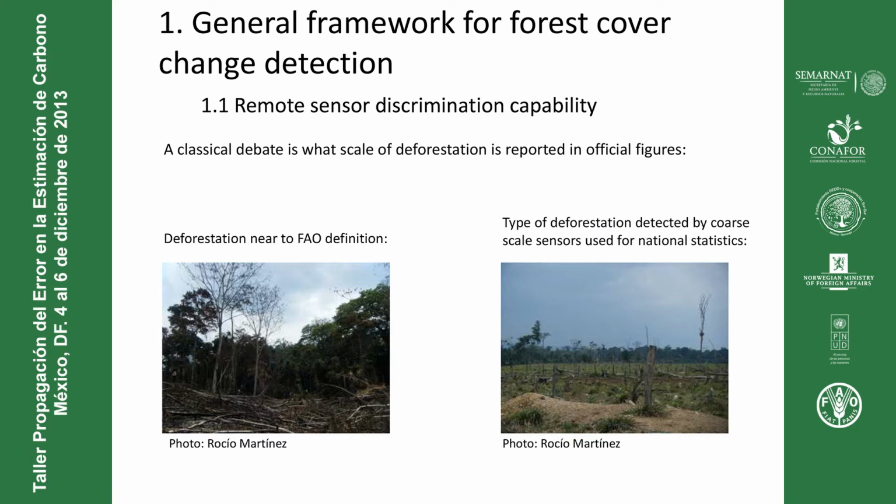So, a classical debate is about the scale of deforestation, or forest cover change, that we are detecting and measuring using remote sensing. On the left-hand side, we have the type of deforestation that FAO would like to report, according to the FAO definition of forest.